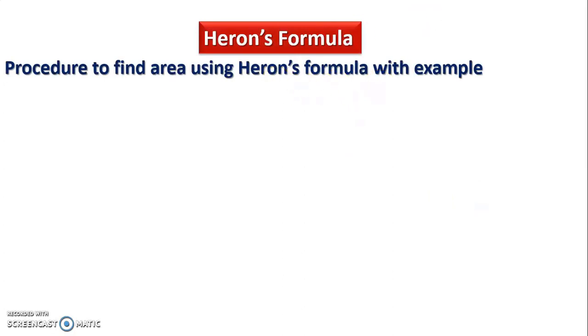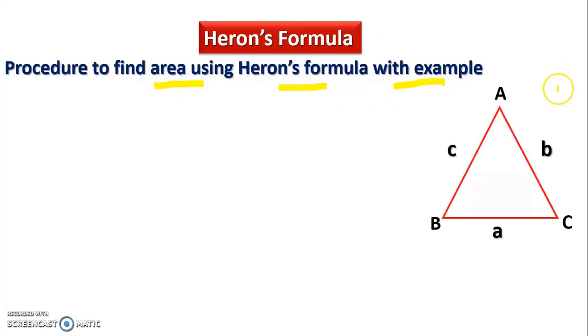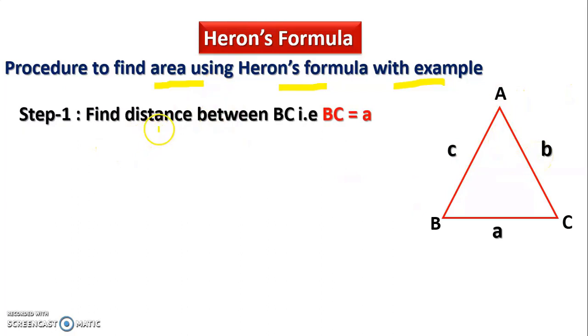Coming to the brief explanation: the procedure to find area using Heron's formula, with an example. Same triangle given here. Step 1: find the distance between B and C. When 3 points A (x1, y1), B (x2, y2) and C (x3, y3) are given, first find the distance of BC, that is equal to a.